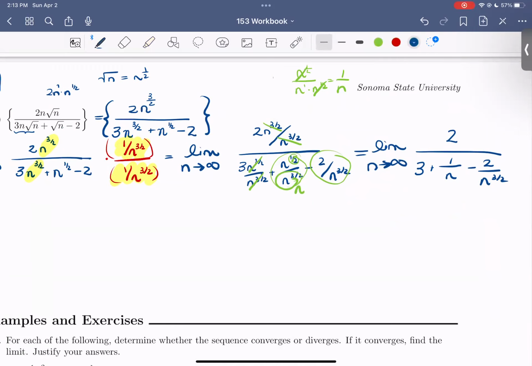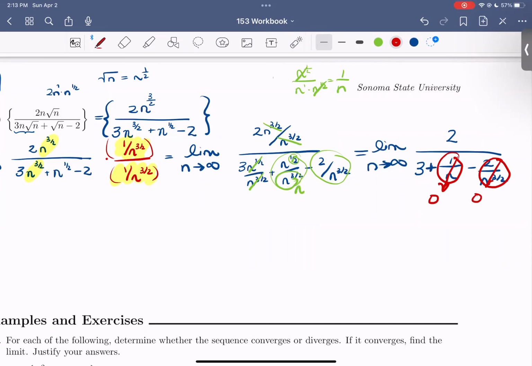So why was that helpful? Well, let's look at the behavior of each term individually in this limit. Notice the top 2 just stays at 2 no matter what n happens. 3, same story, just stays at 3. But 1 over n actually goes to 0 as n goes to infinity. Similarly, 2 over n to the 3/2 goes to 0, because again, that denominator is blowing up while the numerator is staying fixed.